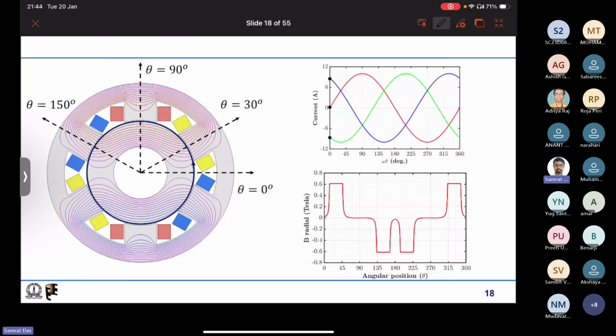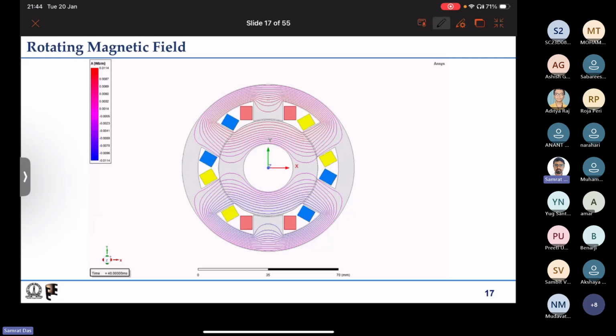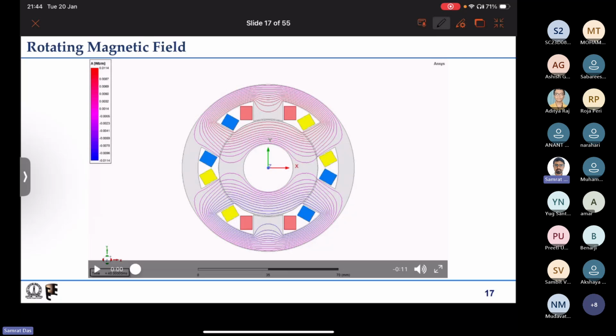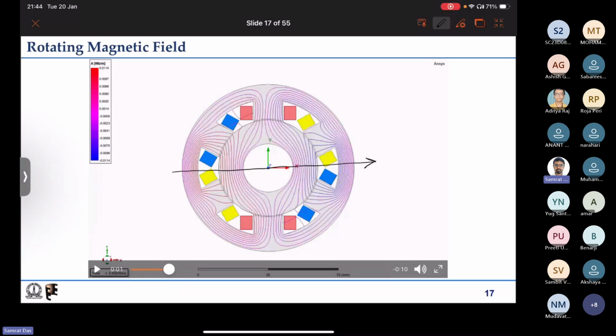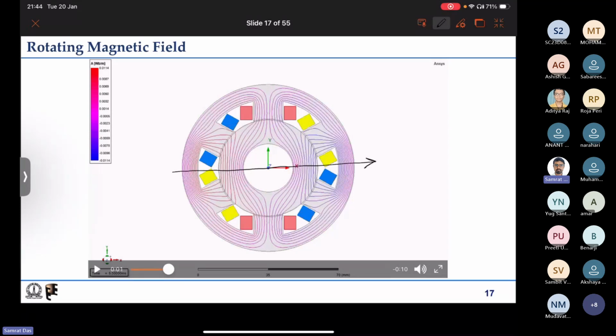Right, you have seen. So now I'll try to show you by stopping at multiple points. Initially the axis is something like this. You can see I have drawn the axis at this point. Now as I go ahead in time, you can see that the axis has actually shifted and has come here.